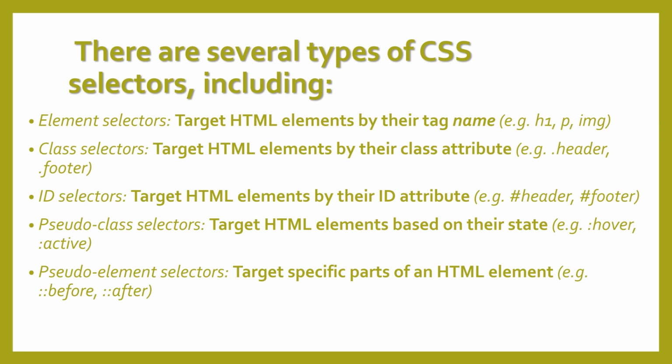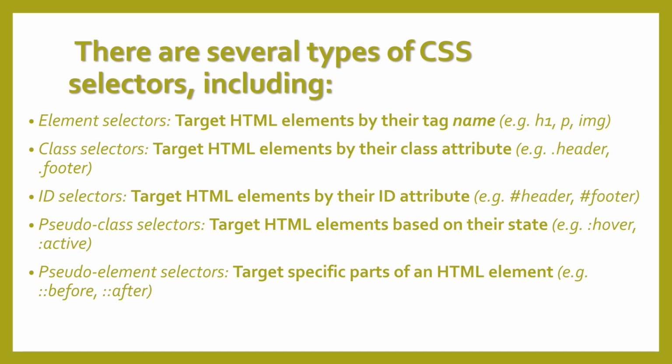So the ID attribute you give to an element is what you use to select it. You just type the ID name, and whatever you do to it will tell your browser that this one should appear in this color, this one should appear in this color, and that is how it works.